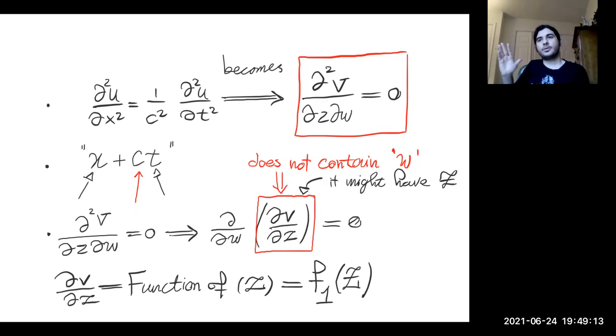Any question up to this point? Is everything clear? Great. So the derivative of v with respect to z is a function of z. We denote that by f1 of z.